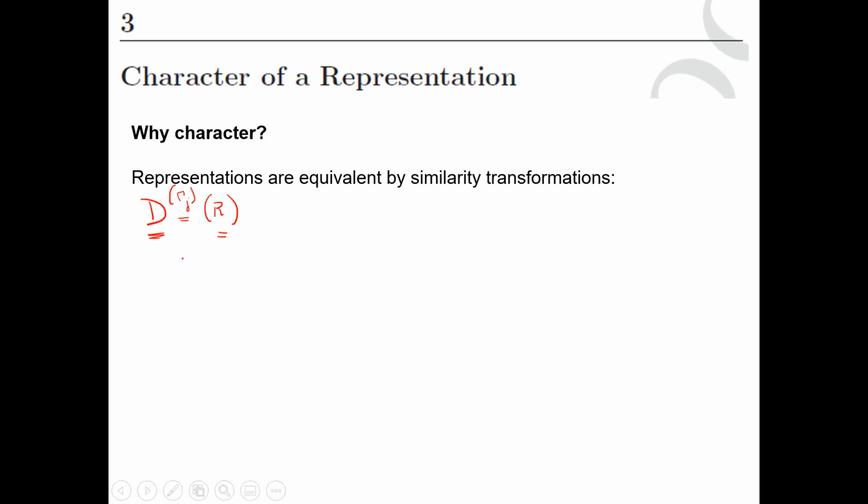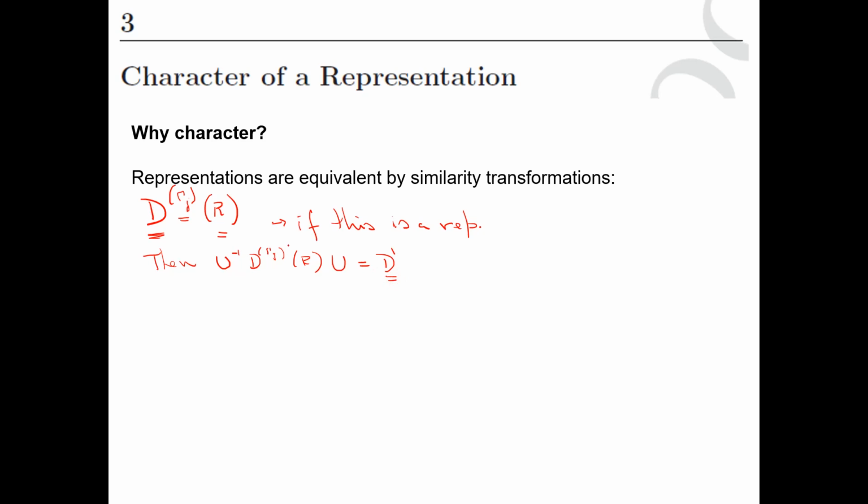So if this is a representation of the group, with a matrix for all symmetry operations R, then if you do a similarity transformation like this, and I could call it D prime, this is also a representation.